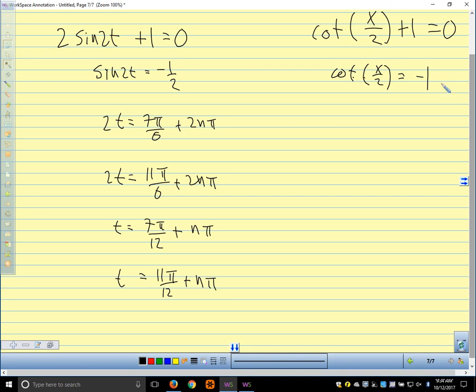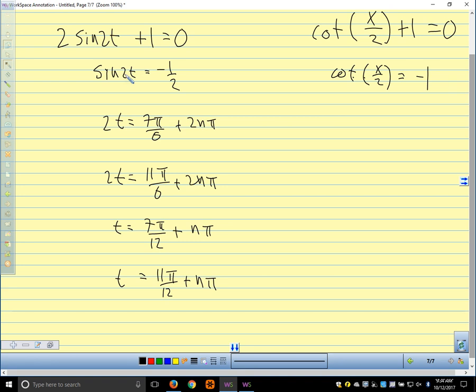And we'll do this other one in just a second. But let's think for a second about what this sine of 2t does to the graph. What does that 2 do to the graph? It changes the period, right? Makes a period pi instead of 2 pi.